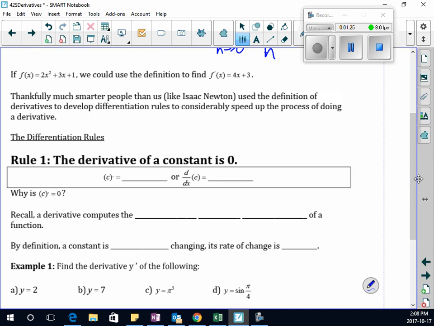So the first rule is the derivative of a constant is 0. Why would that be the case? Yeah, a constant means the line is a horizontal line. There's no change. Does everybody see? The rate of change is 0. Yes?